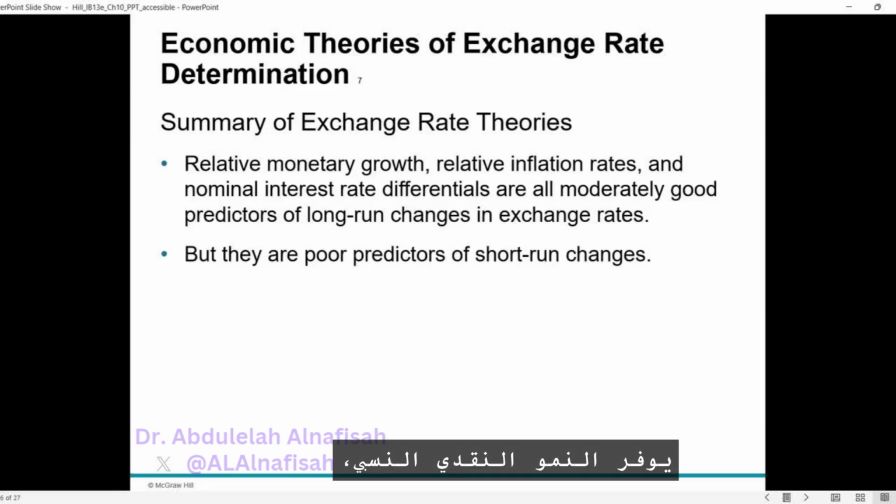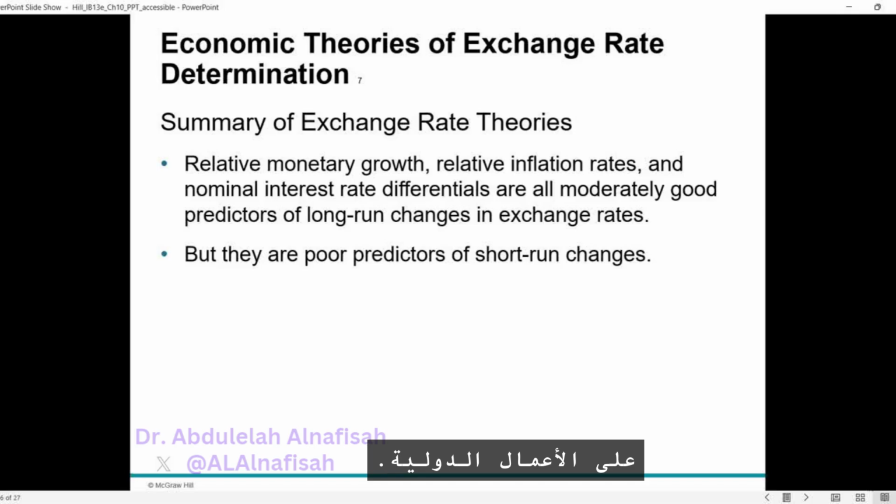Relative monetary growth, inflation rates, and nominal interest rate differentials provide moderately accurate predictions for long-term exchange rate changes, but are unreliable for short-term predictions due to factors like investor psychology and bandwagon effects.